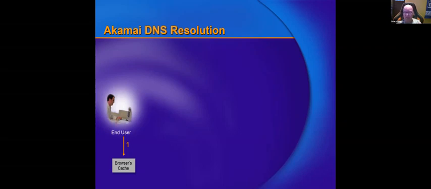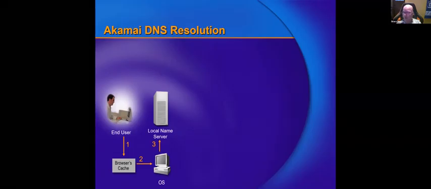It's one name, but I need it for two purposes. So it looks to see, have I cached that already? If not, it asks the operating system, can you use DNS to resolve ak.xyz.com to an IP address? Because I need to send a request to that web server. And the operating system, if it doesn't have it cached, will issue a query to its local name server.